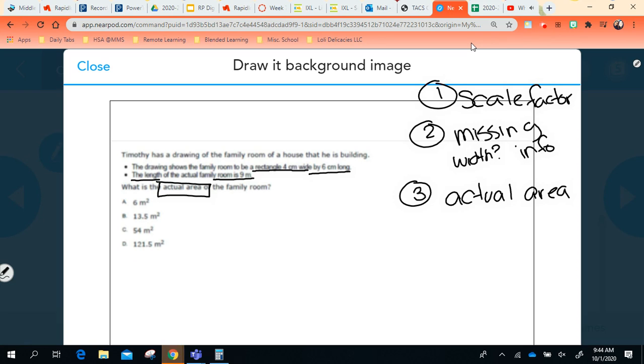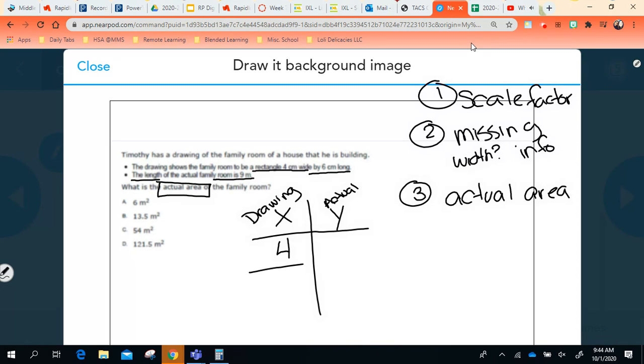Right. So we are going to draw our T-chart, and then I'm going to leave you to your own devices. So we have our X and our Y. We're going to be a little bit more specific with it this time, just so that when you finish, you know which one you're looking at. So I have the drawing, right? The drawing is going to be my X, and the actual is going to be my Y. So I have 4 and 6.